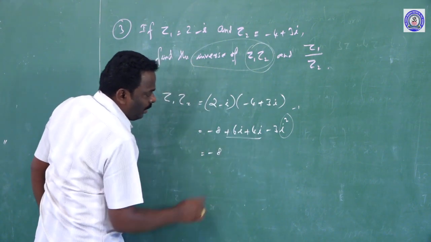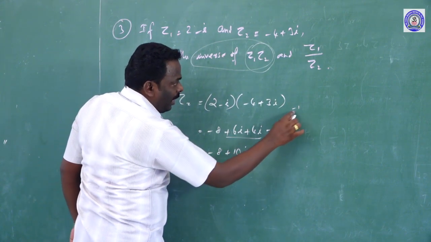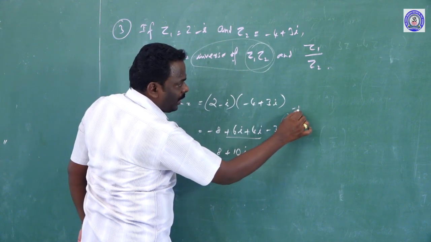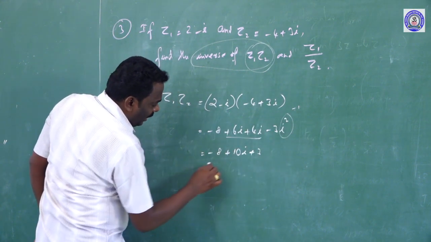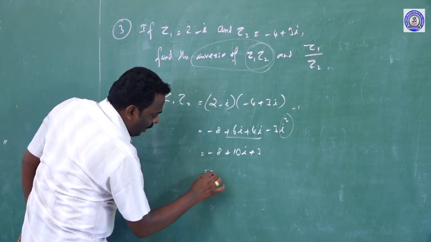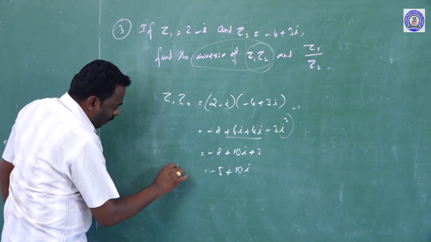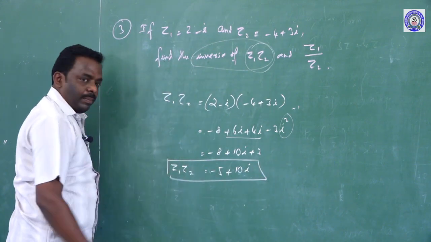Adding the two terms, plus 6 plus 4 is plus 10i. And minus into minus becomes plus 3, because i square equals minus 1. Adding the terms, the value is minus 5 plus 10i. This is the value of z1 into z2, in standard form, that is rectangular form.